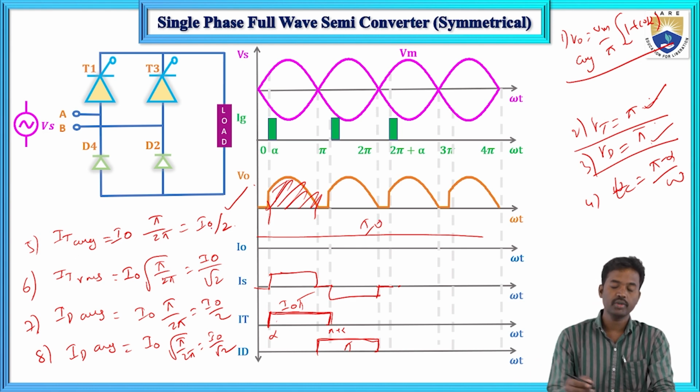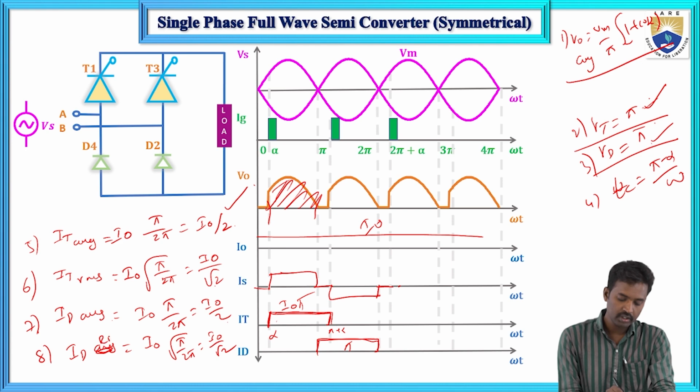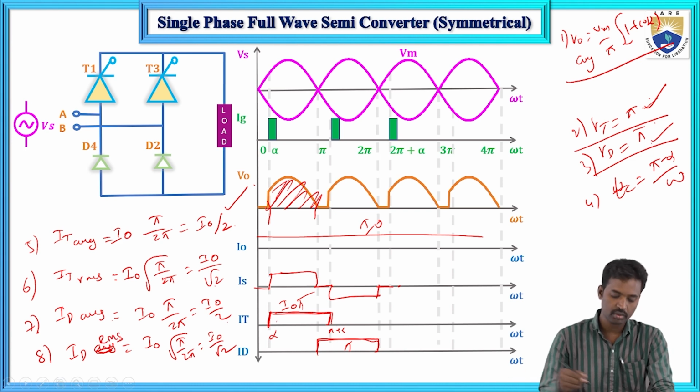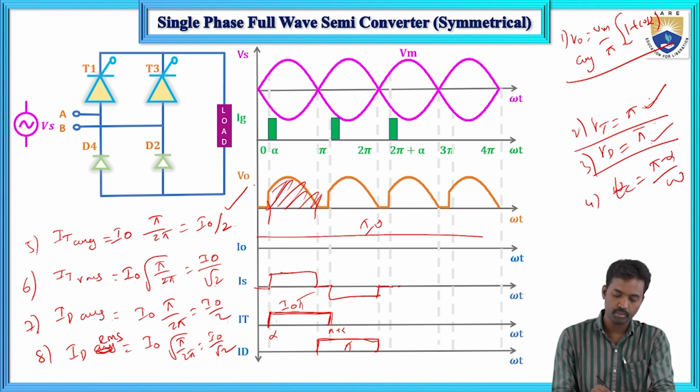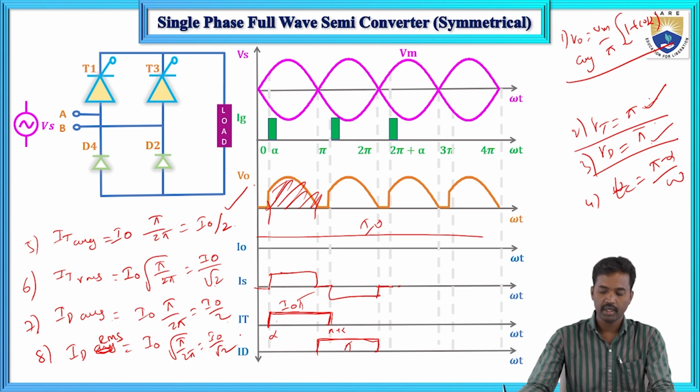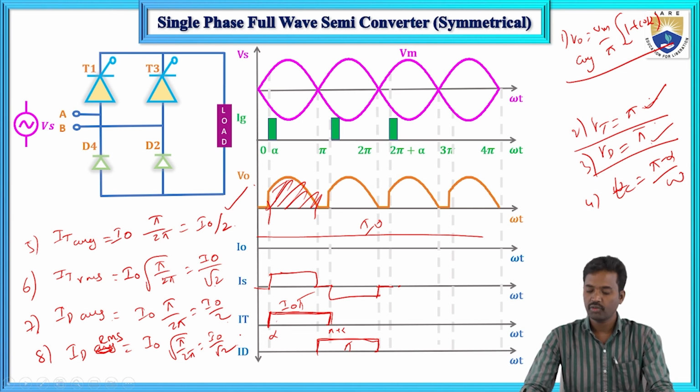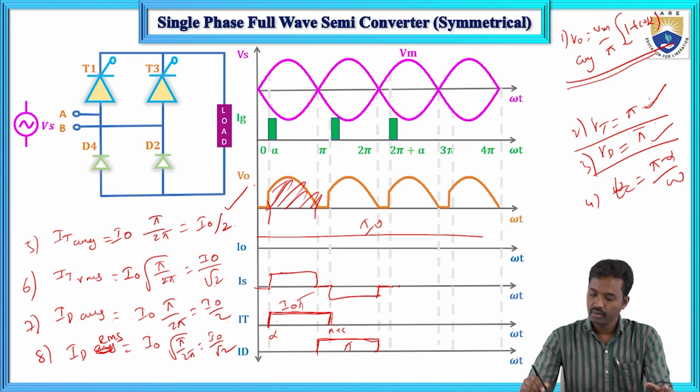IT average value equals I naught by 2 and IT RMS equals I naught by root 2 and ID average equals I naught by 2. And the eighth one is the diode current RMS value. Sorry, this one is the RMS current equals I naught square root of pi by 2 pi, that is Im by root 2. I hope all these formulas are most important.